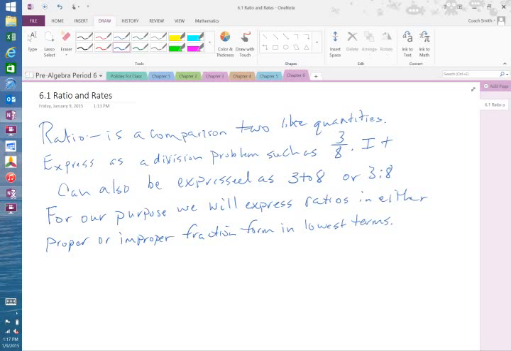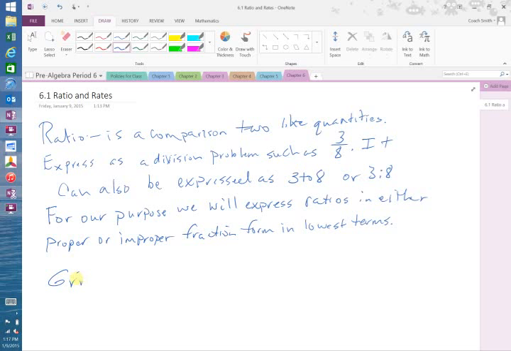For ratios, you'll never see a ratio expressed as a whole number. You'll never see a ratio expressed as a mixed number. You will really not see a ratio expressed as a decimal number. For example, in this classroom we have 1, 2, 3, 4, 5, 6, 7 girls.